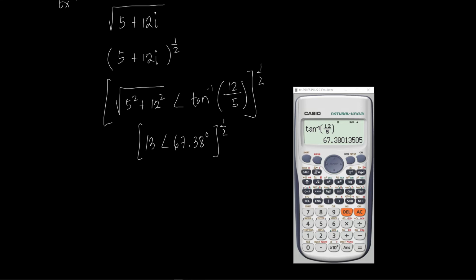We have 13 raised to the power of 1/2 angle 1/2 times 67.38 degrees. Okay, 13 raised to the power of 1/2, that is square root of 13. Okay, that is 3.606.